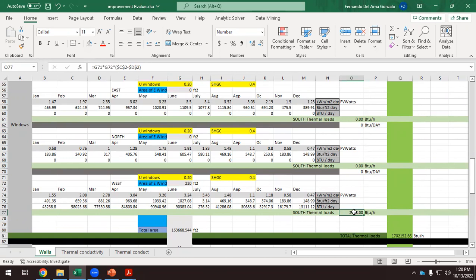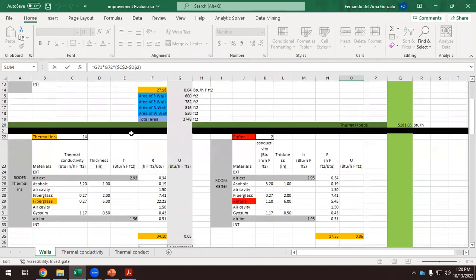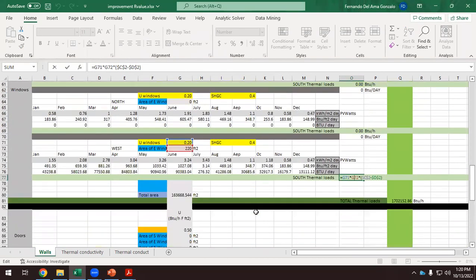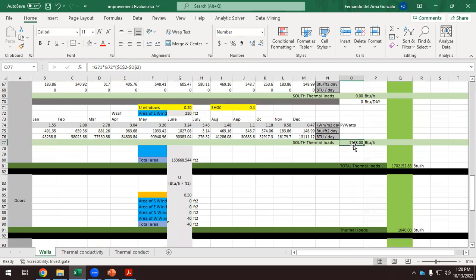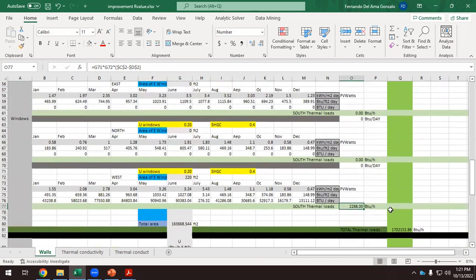Well, check this. If we click here, this is the U value times the area of the windows. And since I typed the dollar from the beginning, I have indoor minus outdoor temperature. But check that that is the right formula. It has to be always U value, area of windows, and then indoor minus outdoor temperature.